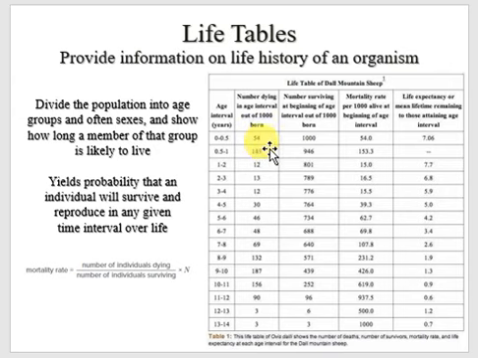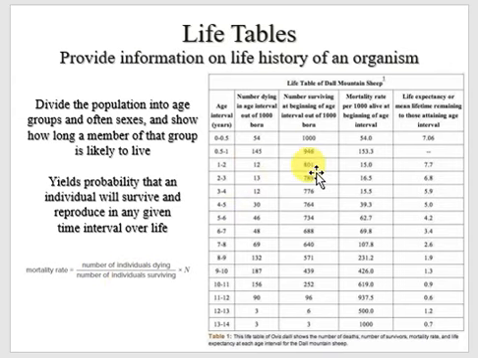So in this 1 to 2 year age interval, of those original 1,000 individuals that were born, 12 are predicted to die, or in this life table, 12 die. You take this number divided by the number of individuals that are surviving.